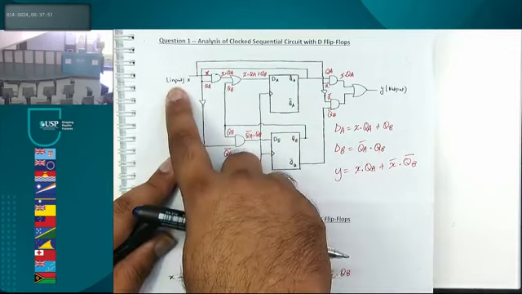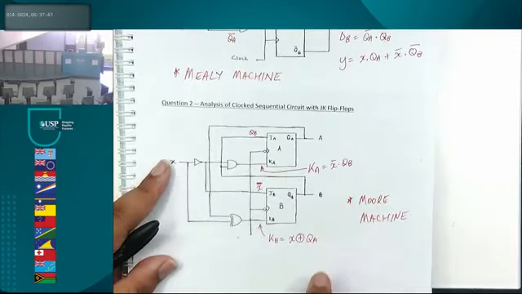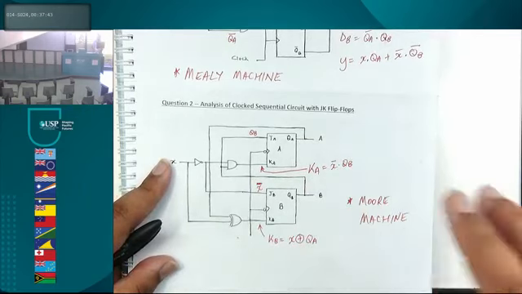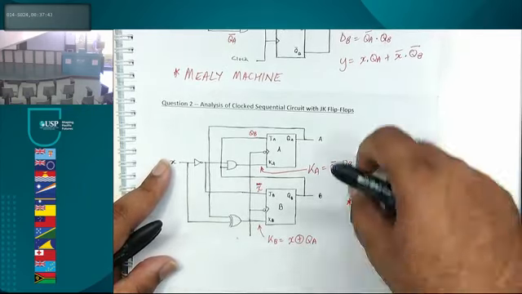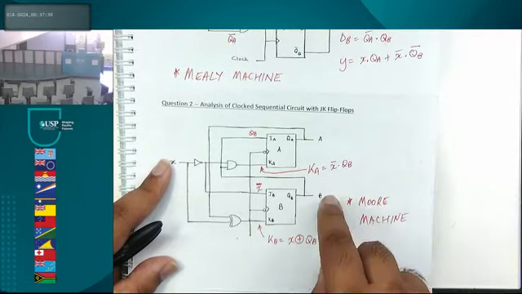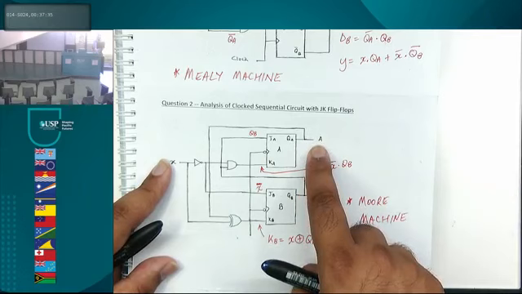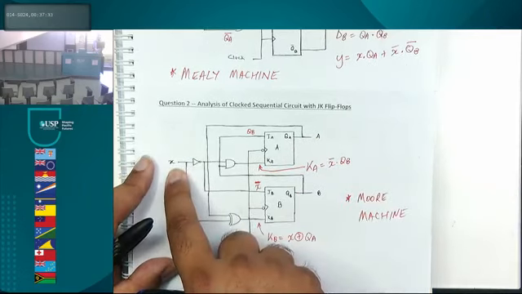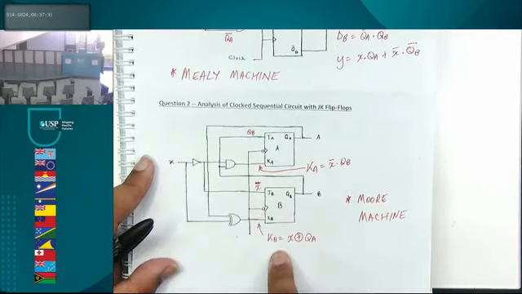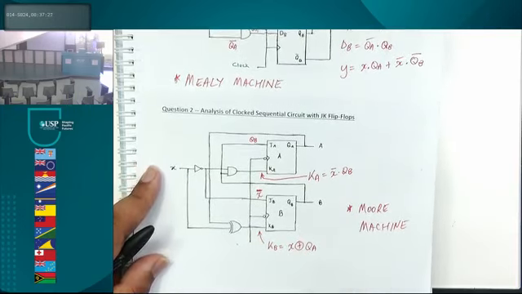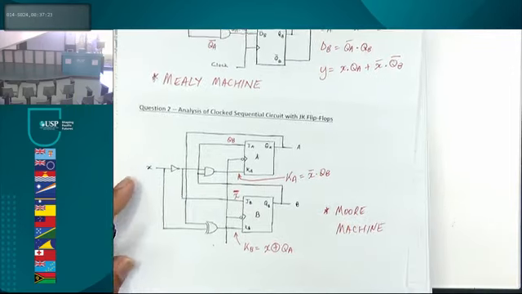X is the system input. Now over here, in fact, there is no system output. But even if we were to make an OR gate or an AND gate or put a number of gates over here, the only inputs into those gates are A and B, because X is not involved, that becomes a Moore machine. So basically, if the system input is involved in the output, that's a Mealy machine. If the system input is not involved, that's a Moore machine.